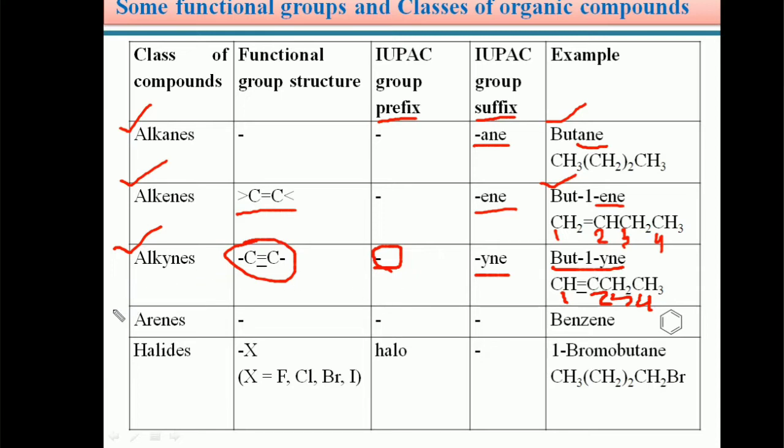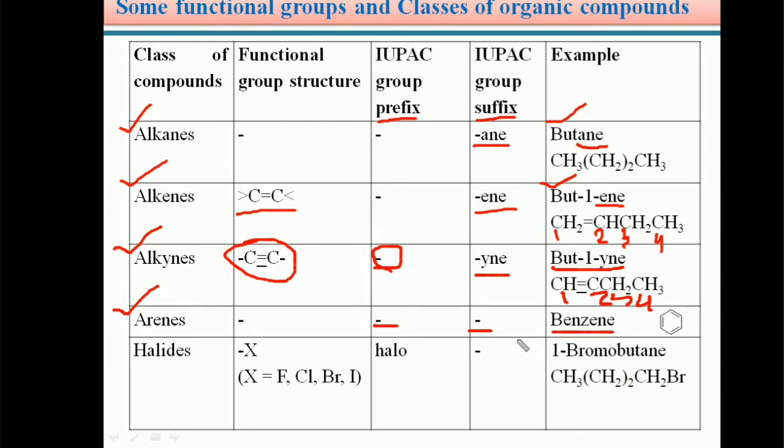Next class of compounds is arenes. About these arenes we will discuss with some examples in the coming video slides. Arenes do not have any functional group structure, and an IUPAC prefix does not exist for this one. Similarly, there is no suffix. Generally, the best example for arenes is benzene.